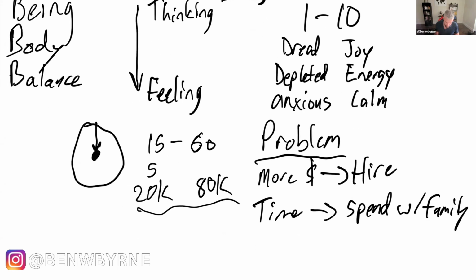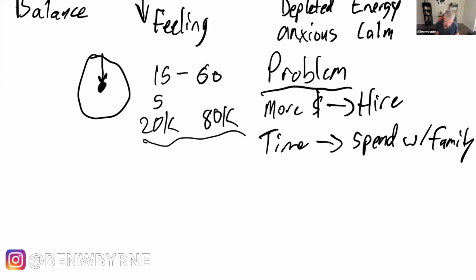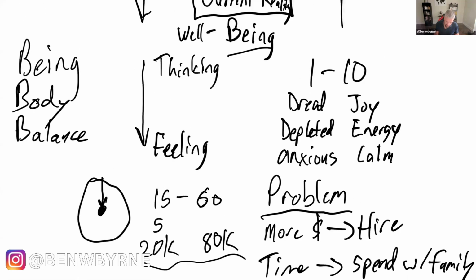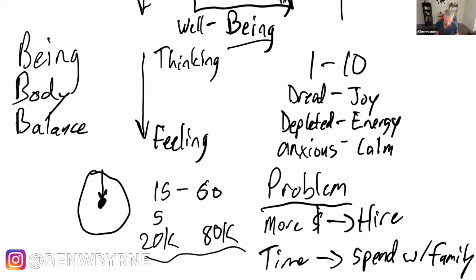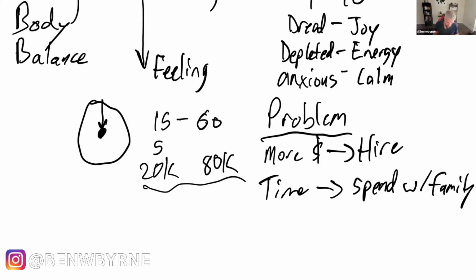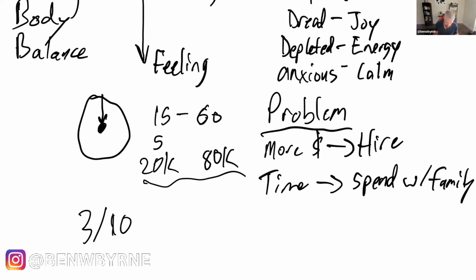Now the thing is, we can go the other way. So you might start asking these questions here. And let's say that when it comes to your sense of overall well-being, you're like a 3 out of 10. And then I might ask, how is that showing up for you in your relationships?